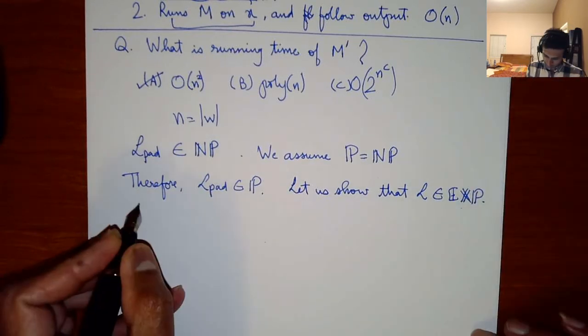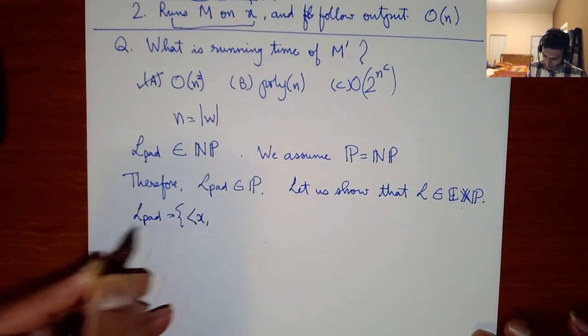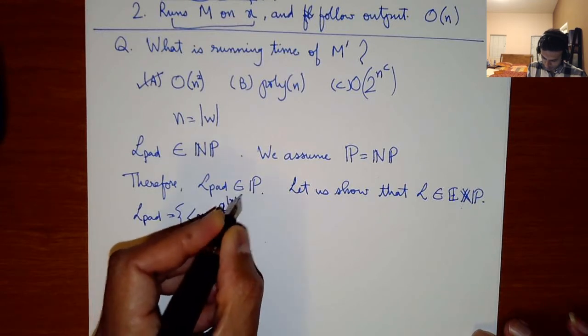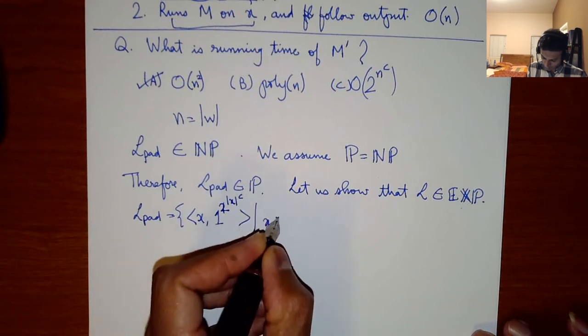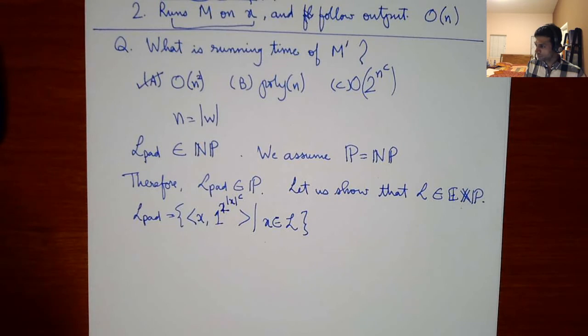Just to show you what LPAD is again. Remember, LPAD is the encoding of x, 1, 2 to the |x| to the c, just padded input for all x in L. Well, since LPAD is in P, we know there's an algorithm that can solve this in polynomial time, and then we just get rid of the parsing of the ones, and then we would have something for x directly.